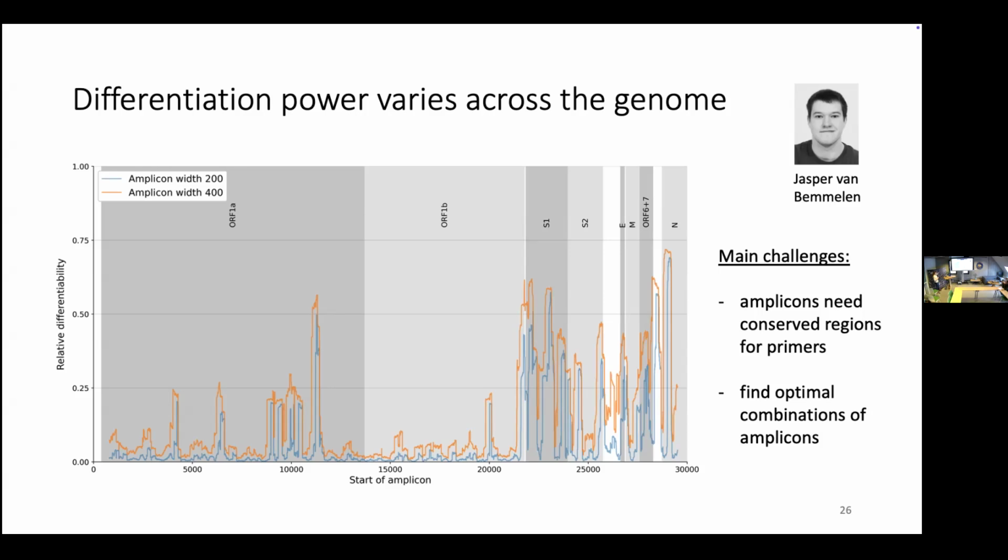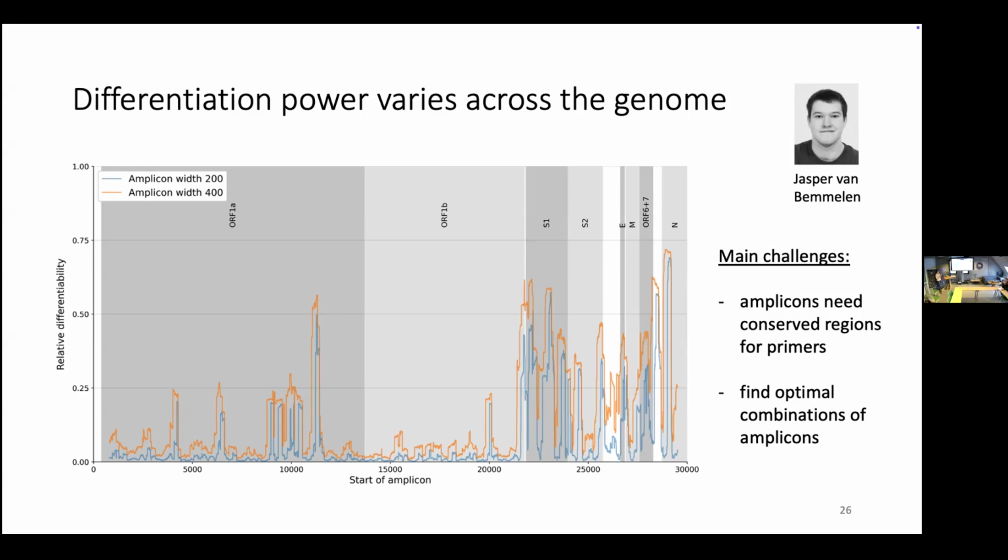And then the relative differentiability is the relative amount of pairs compared to all pairs of sequences, how many pairs relatively can we distinguish between. So you see that for certain regions of the genome, there's much more information than for other regions. So here you see, my pointer of course doesn't work, but there's the spike gene, S1, S2. There's a lot of information there, but actually most information is in this final gene, the N region.